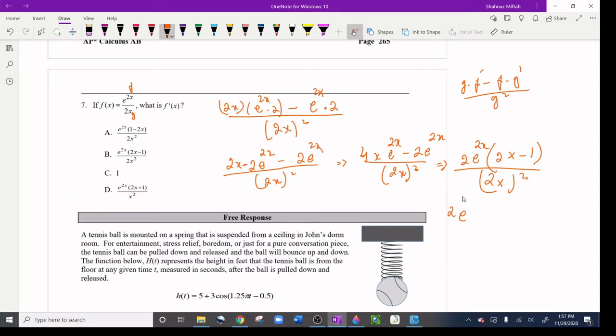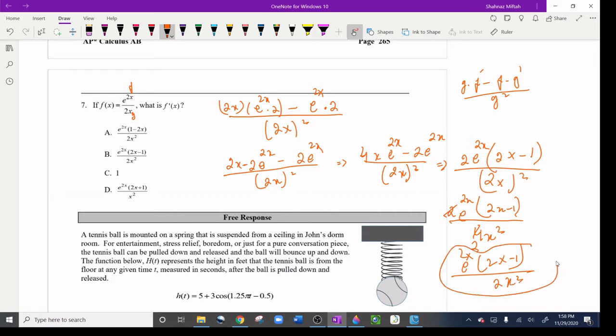I have to get rid of that 2. I got 4x squared, so I can cancel this with the 2. There you go. So my answer is e^2x, 2x minus 1 over 2x squared. So it's B.